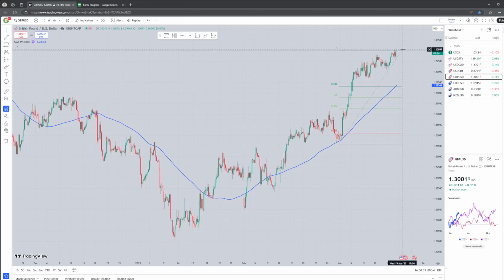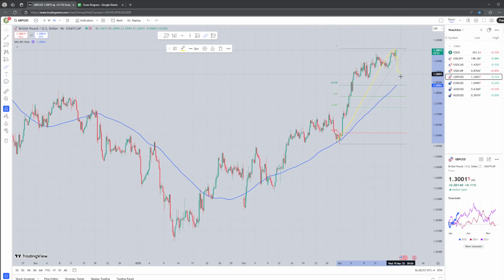Okay, pound USD. So here we have the market consistently behaving above the blue moving average line. Trend is clearly up, which means USD is getting weak against the pound, right? So we have up leg retracement, we have the latest up leg like this.